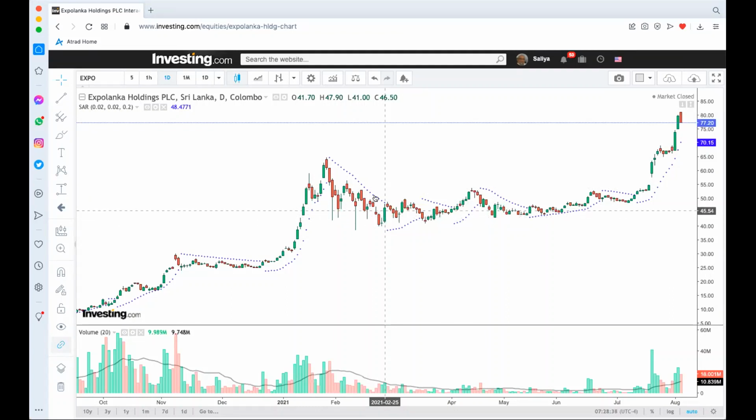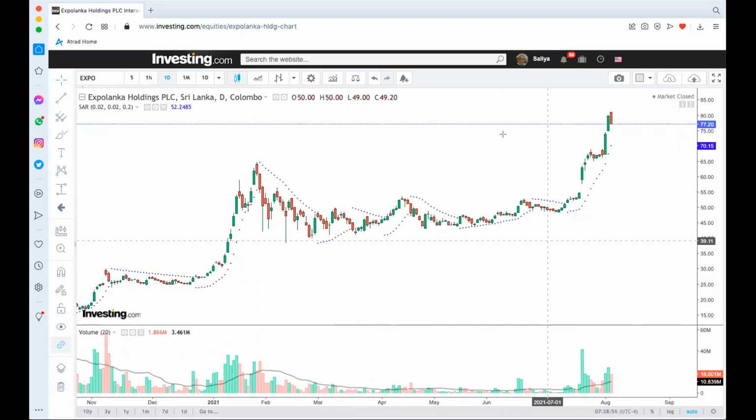But at any given moment, for each period, meaning for each day, we can understand where the resistance is and where the support is when we are in a trend. Especially if you come to the present situation, the present trend, we can see that it's an uptrend for Expo Lanka.